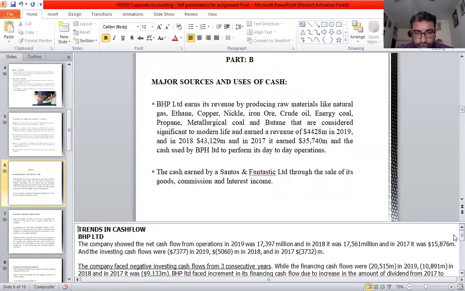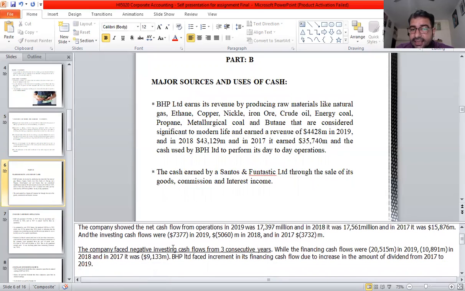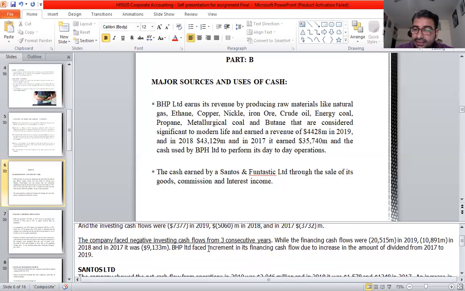However, if we go into more details and look at the trends in the cash flow, BHP showed the net cash flow of the operations in 2019 to be 17,397 million, in 2018 17,561 million, and 2017 was 15,876 million, and the investing cash flows were 7,377 in 2019, 5,060 in 2018, and in 2017, 3,732 million.